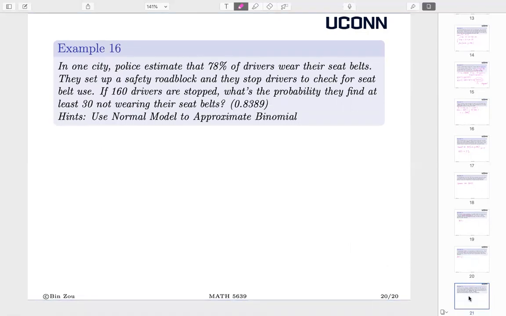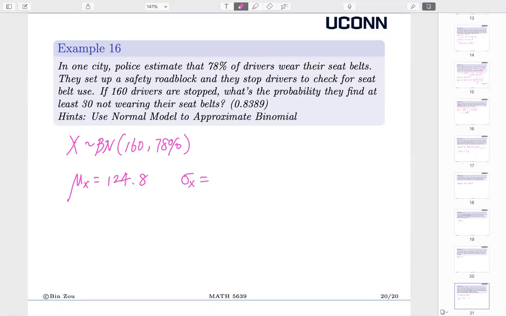So finally, I want to talk a little of this. So of course, you first need to build a model, and I can tell you the model is binomial. Once you know the model, you are able to calculate the mean, which is 124.8, and the standard deviation, sigma x denotes the standard deviation.